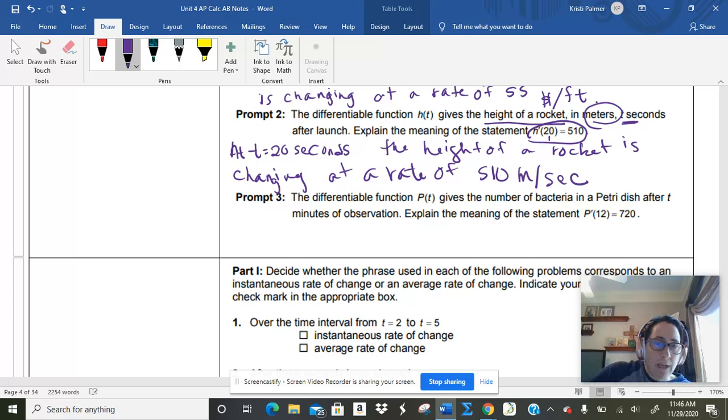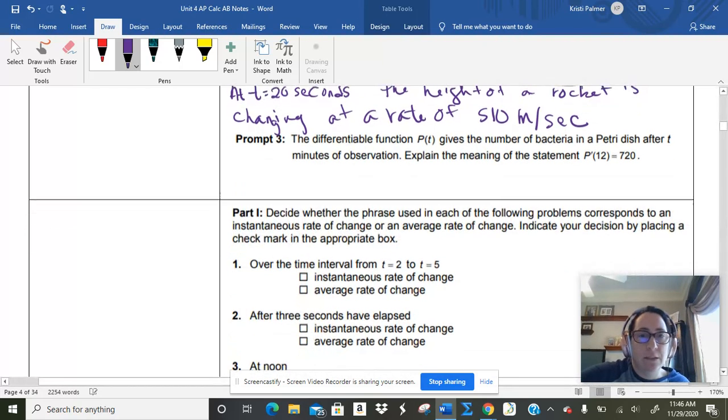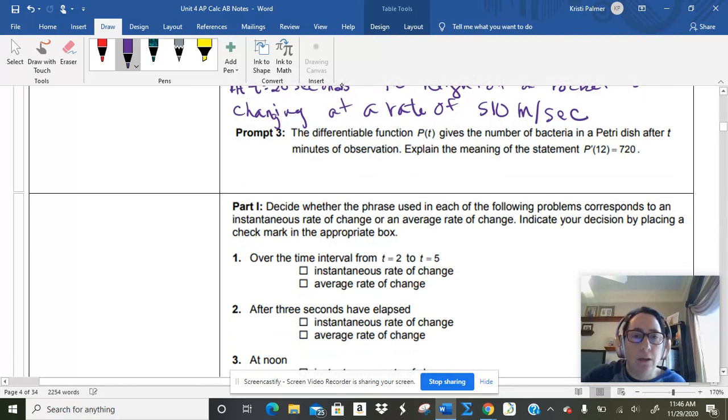Okay, and go ahead and try the last one, which I think you did. So this is now the number of bacteria. T is in minutes, and I want to know this.